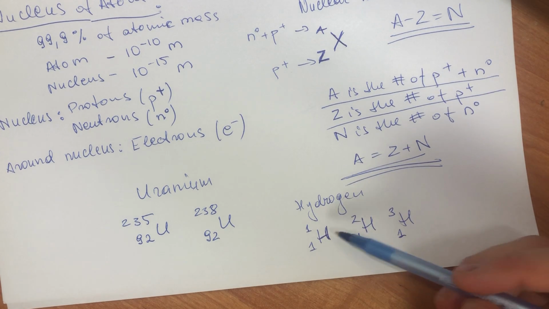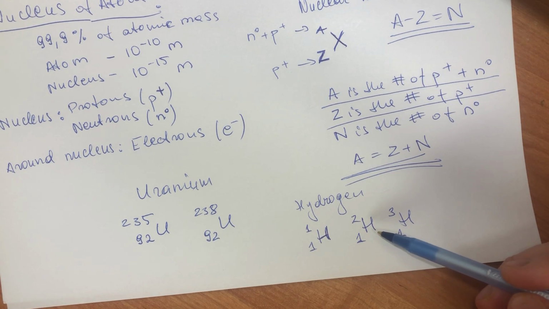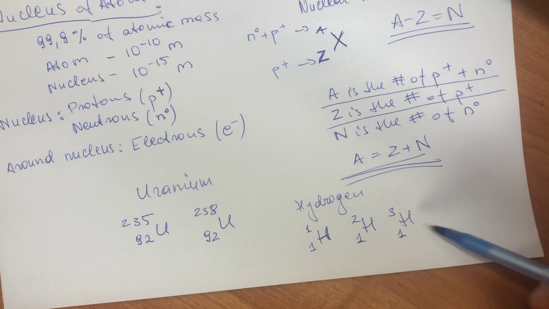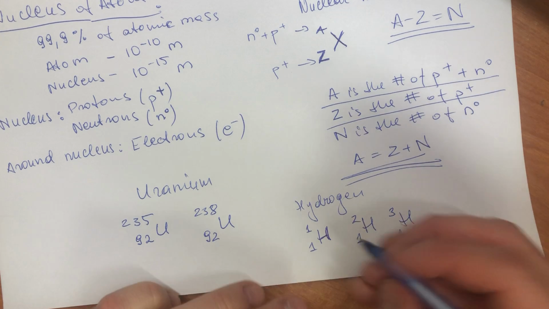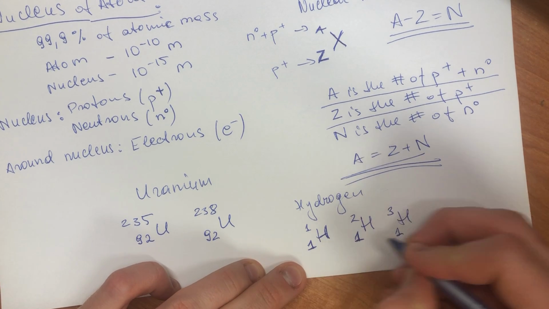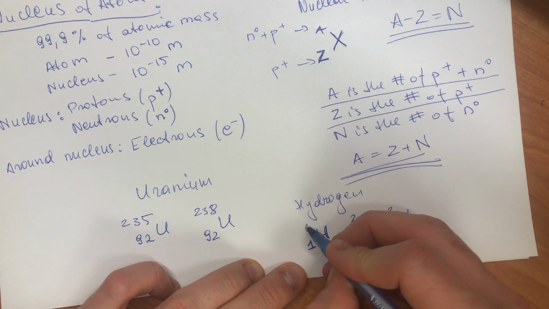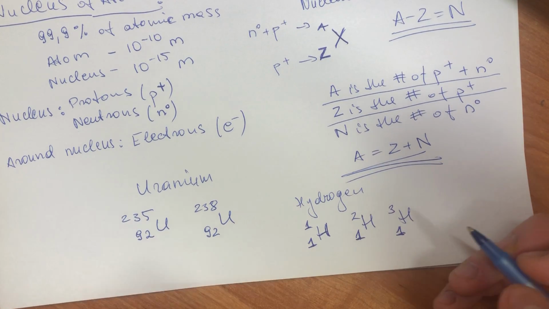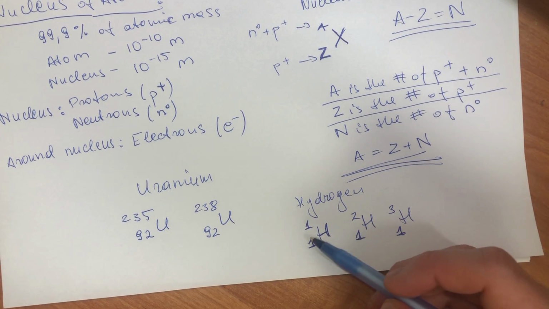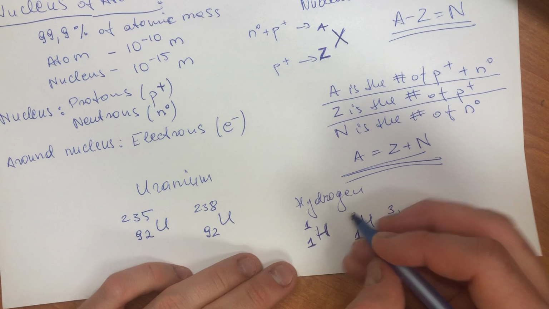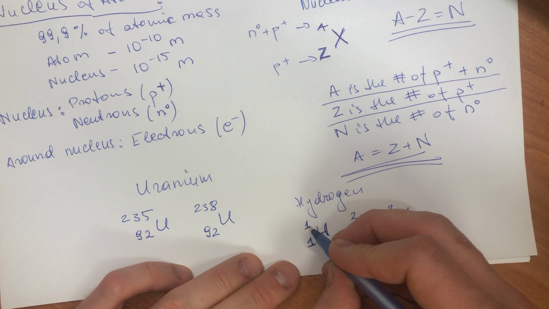These are called protium, deuterium, and tritium. As you see, they have one proton each, but the first one doesn't have neutrons, because A is the sum of protons and neutrons.